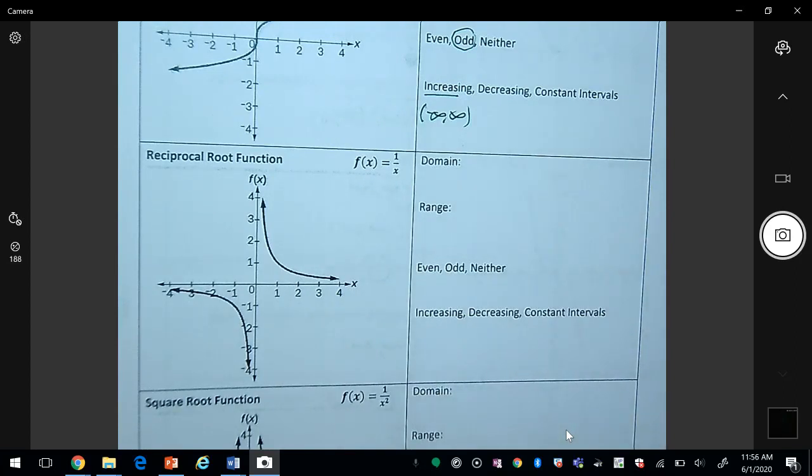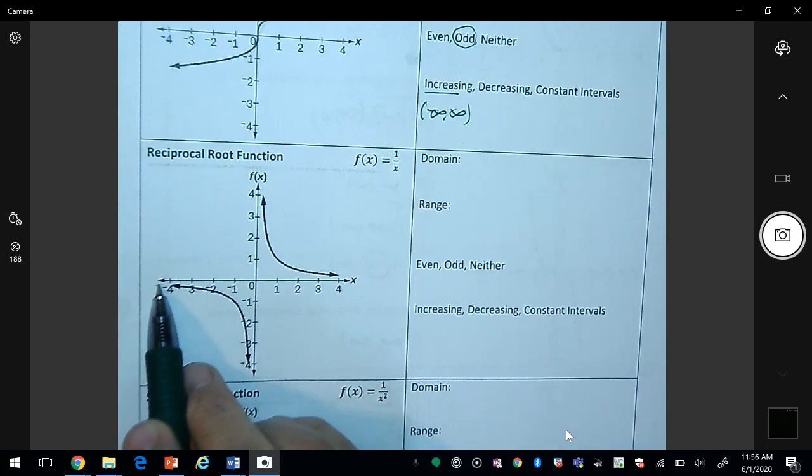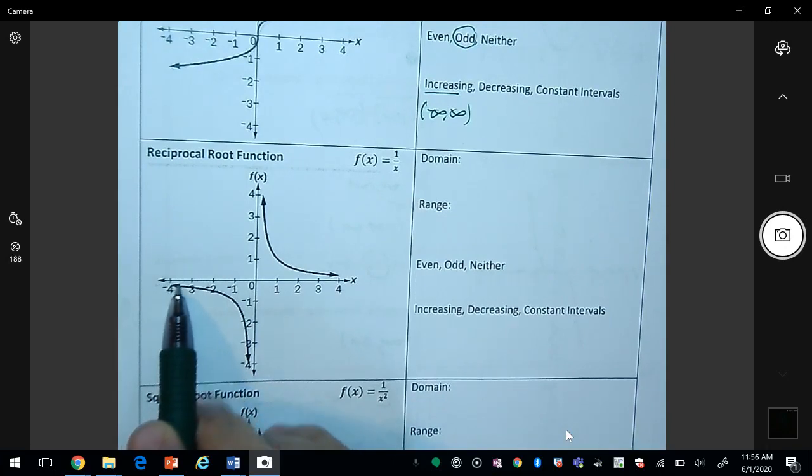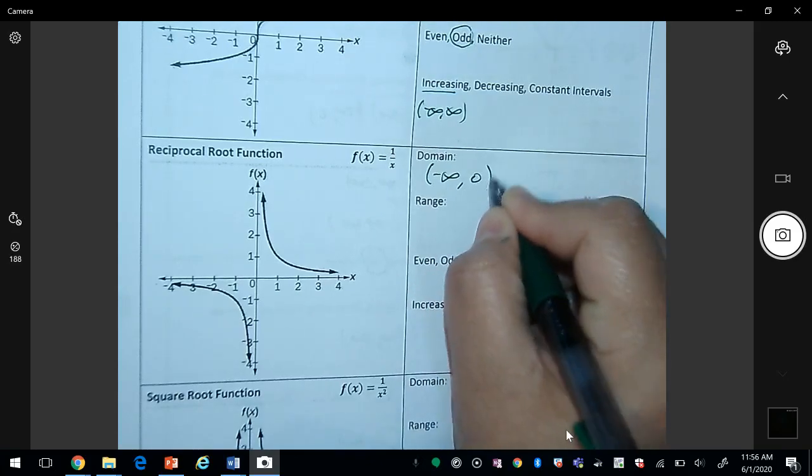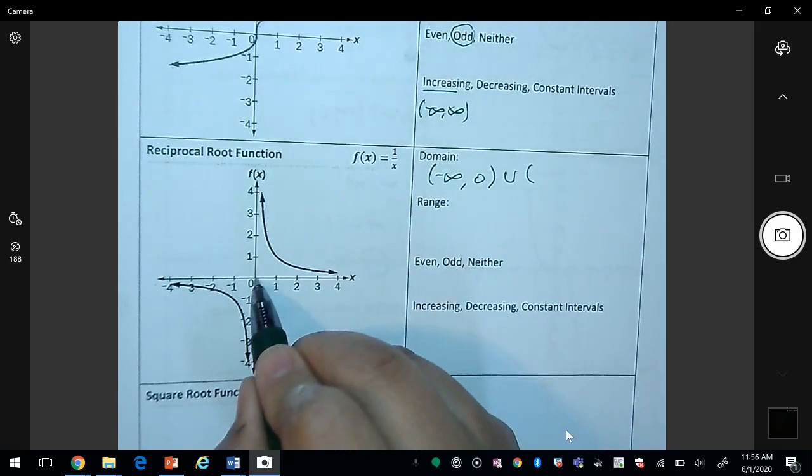So the next one's called the reciprocal function. The domain here goes from negative infinity all the way to 0, union 0 to infinity.